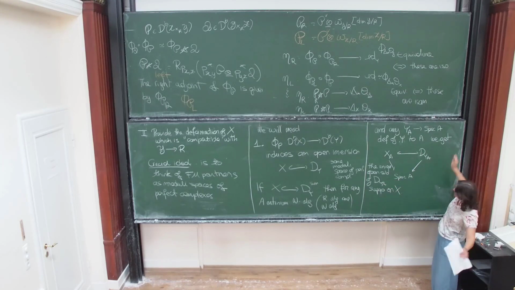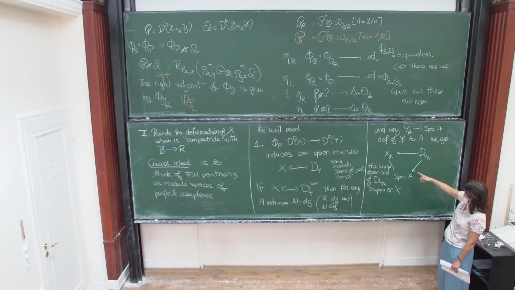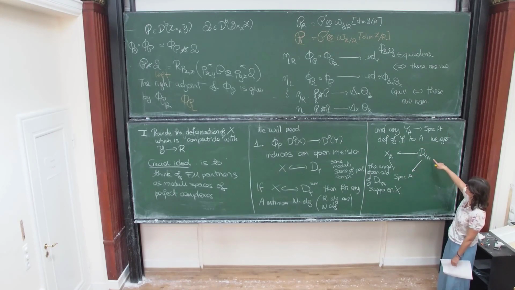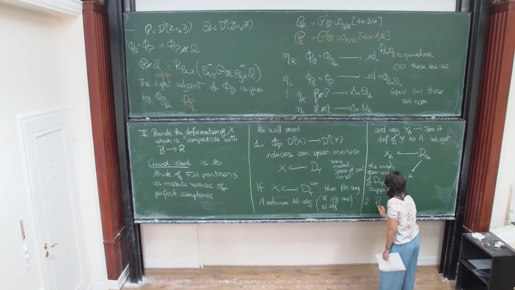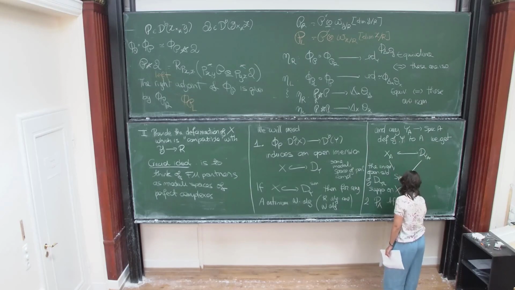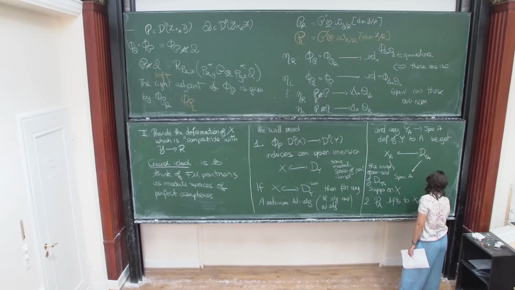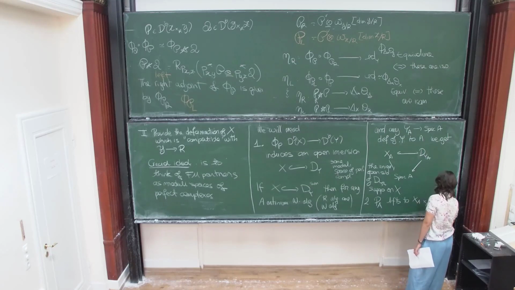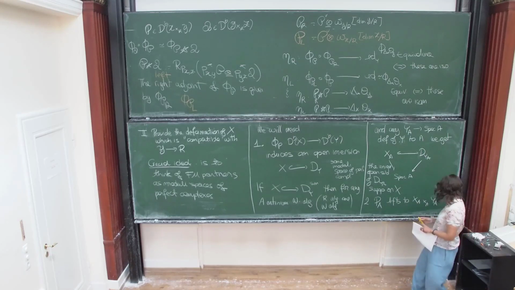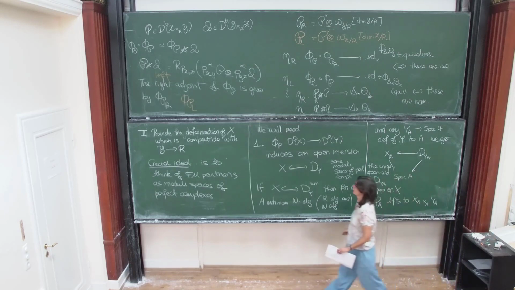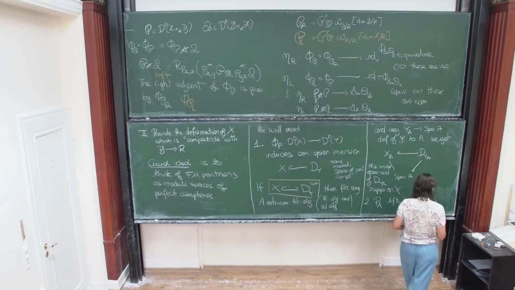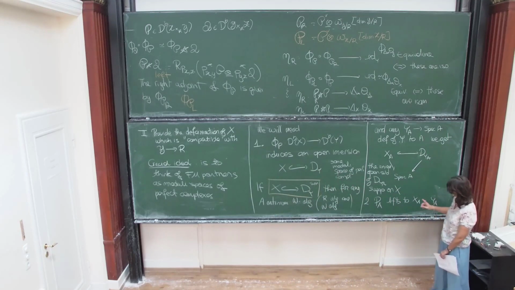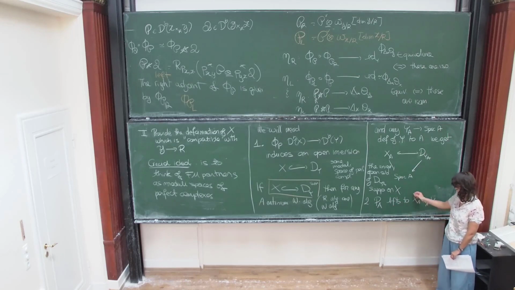And okay, so now we have these, and the second thing that we have to prove is that P_A lifts to X_A times_A Y_A. So this is something that needs to be controlled in some way, and this P_A lifts.